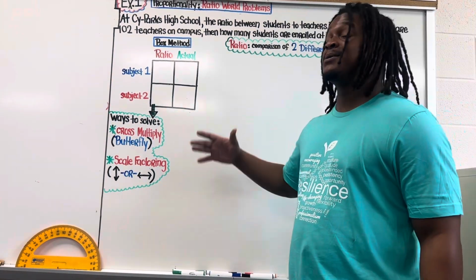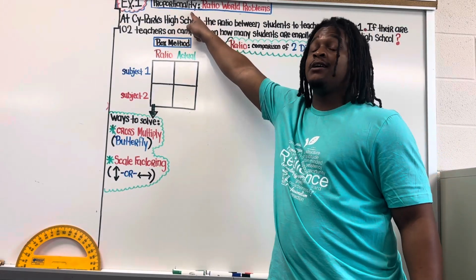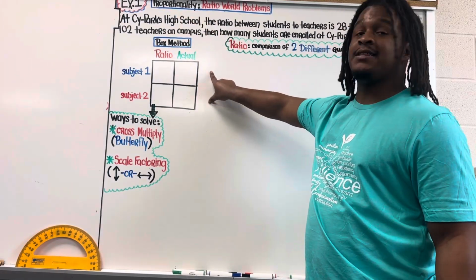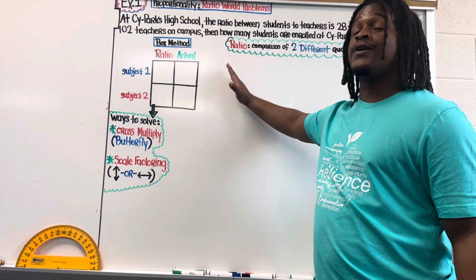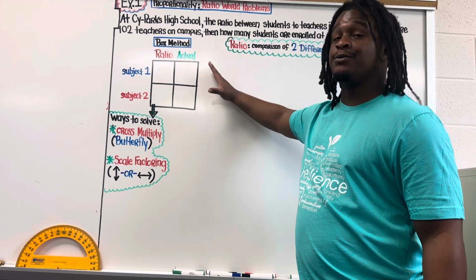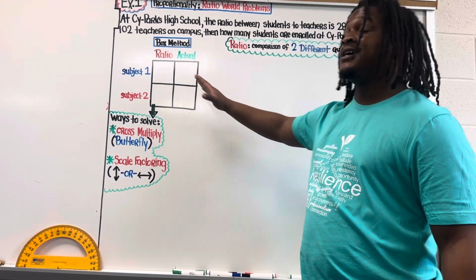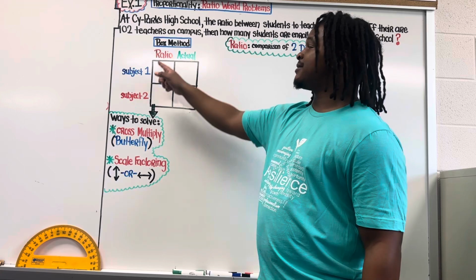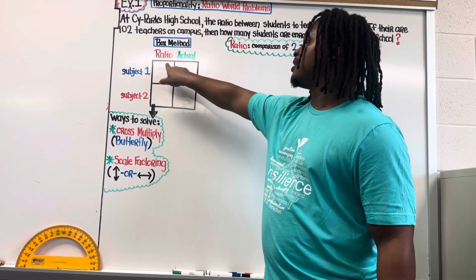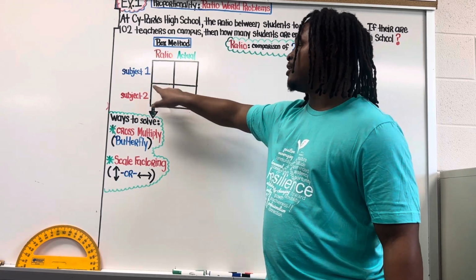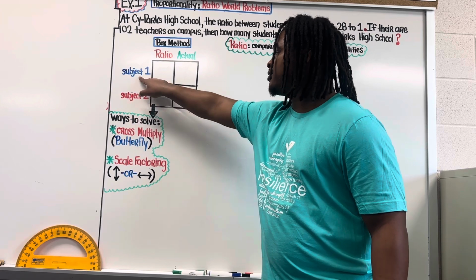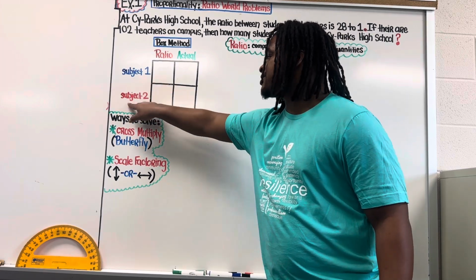And once again, guys, because this falls under the proportionality umbrella, we can use the box method. When we are solving ratio examples while using the box method, here's how we're gonna set it up. It's set up the same way, but instead of labeling inside the boxes, we're gonna label row 1, row 2 as subject 1, subject 2.